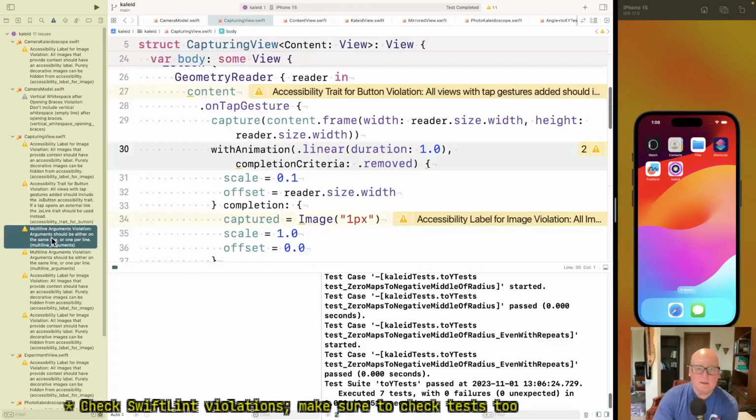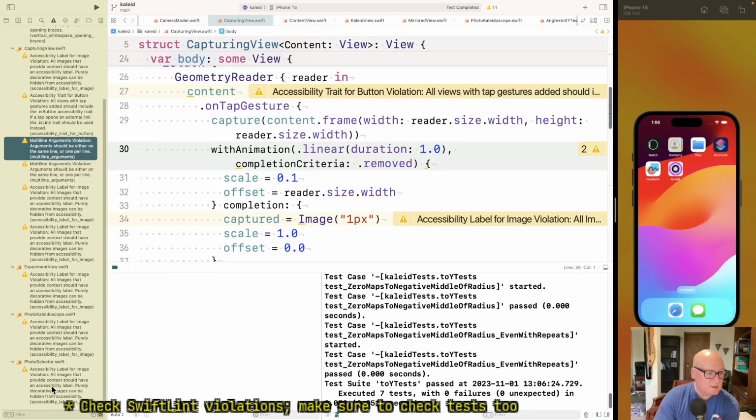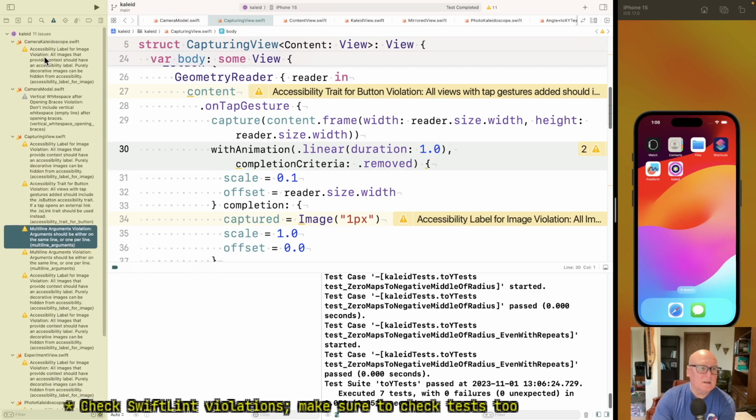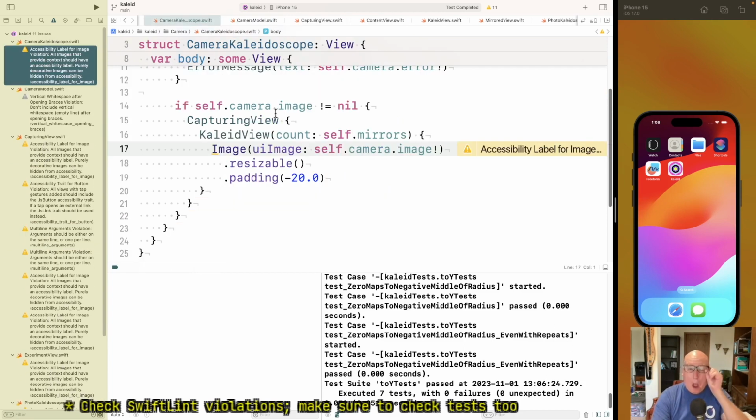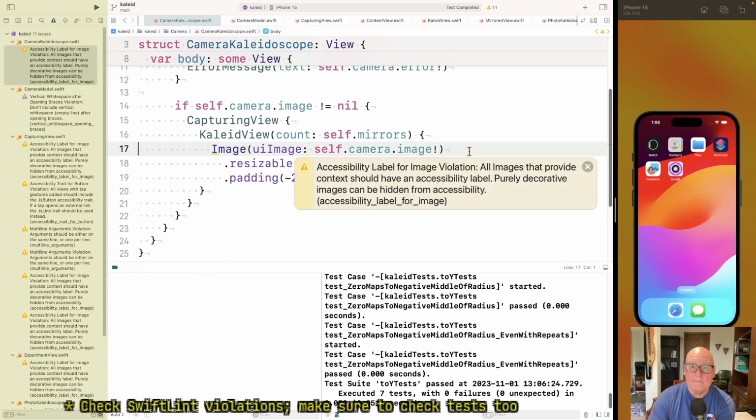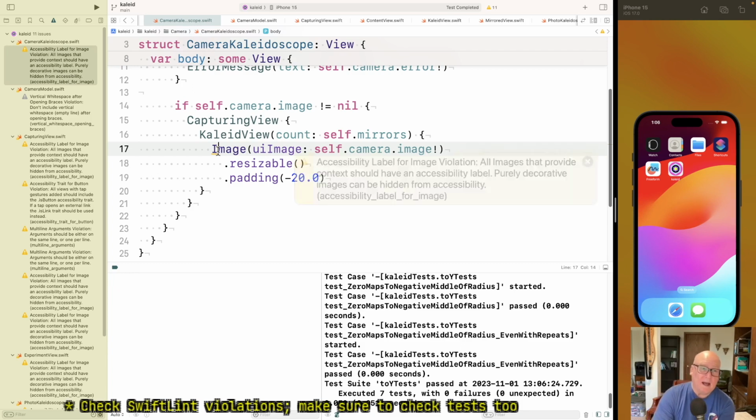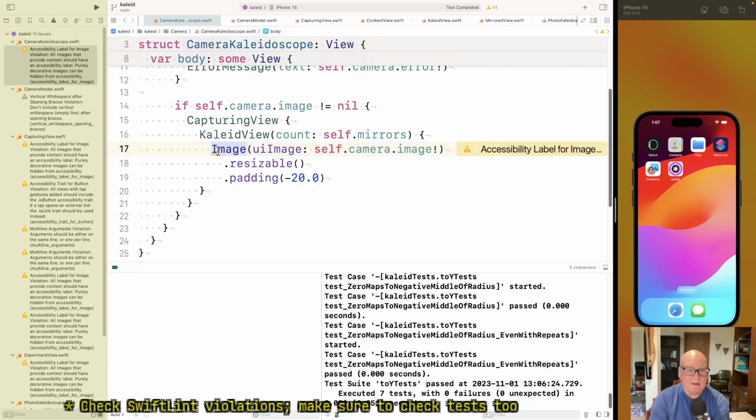Accessibility, multi-line argument. I gotta figure out how to turn those off. Accessibility, accessibility. Yeah. I feel like, oh my gosh. I guess you would call this decorative. I don't know.